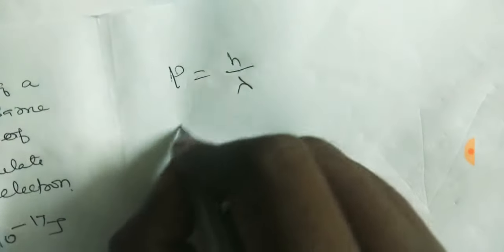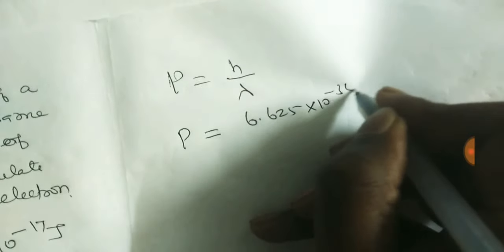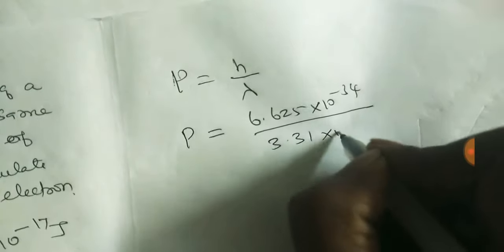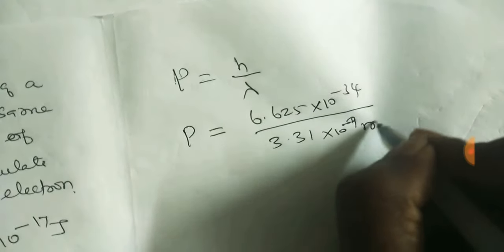P, what is P? P equal to h divided by lambda. What is lambda? Just now we found it. 6.625 into 10 power minus 34 divided by lambda 3.31 into 10 power minus 9 meter.